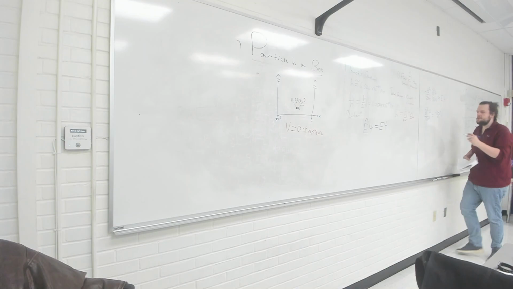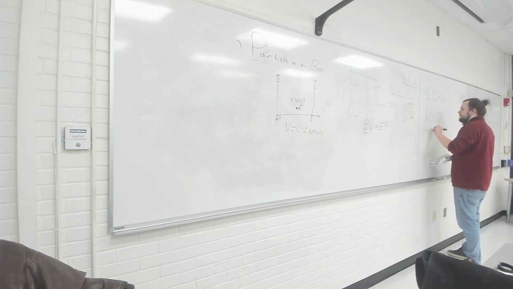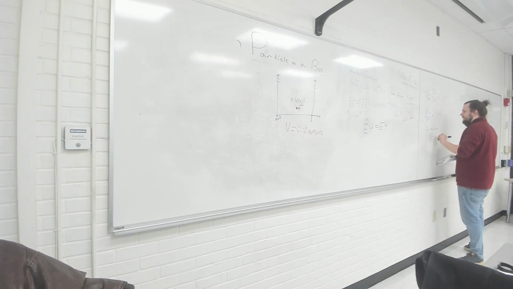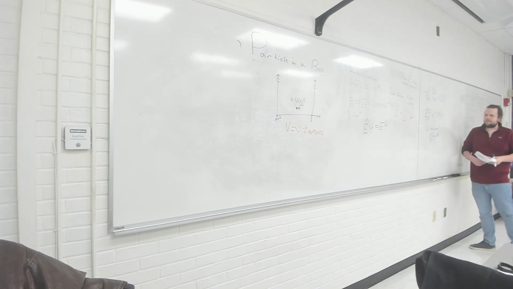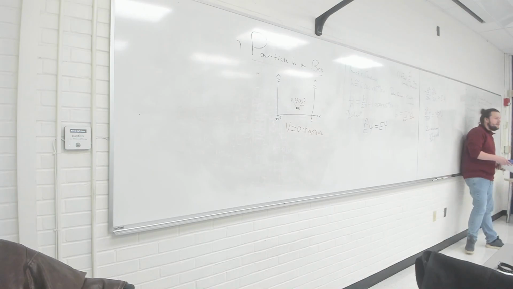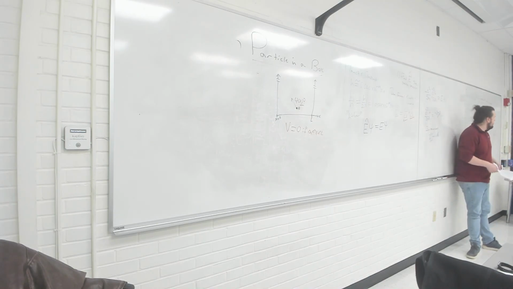In other words, we're taking the second derivative of a function with respect to its variable and getting a number out times that original function. So the wave function satisfies this important property: when you take the second derivative of the function, you get the same function back.